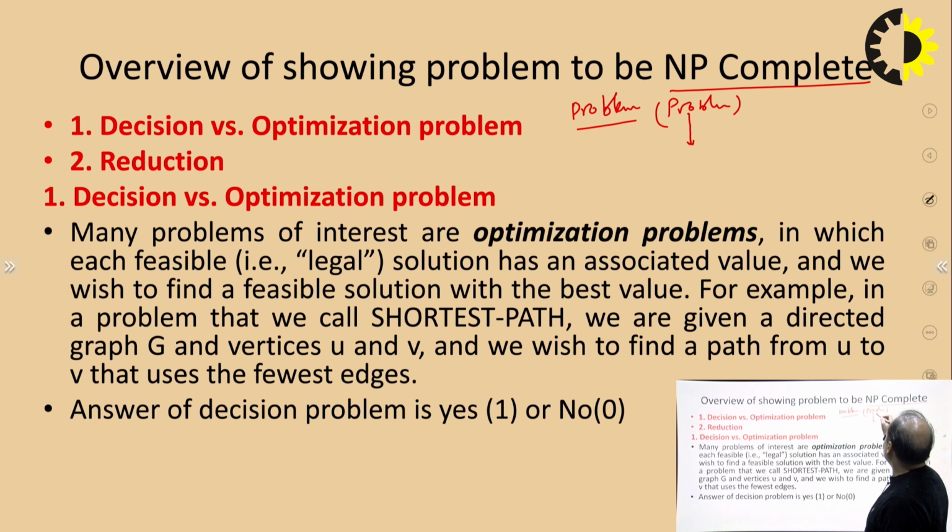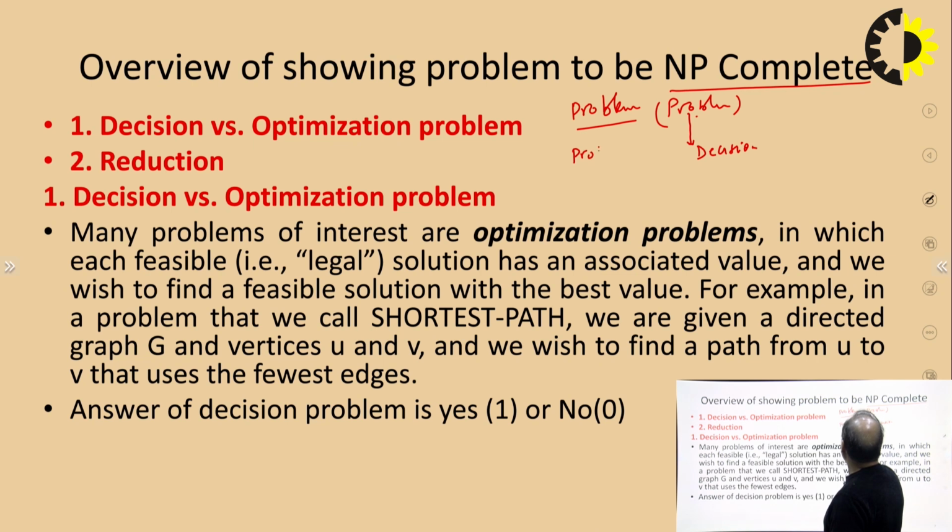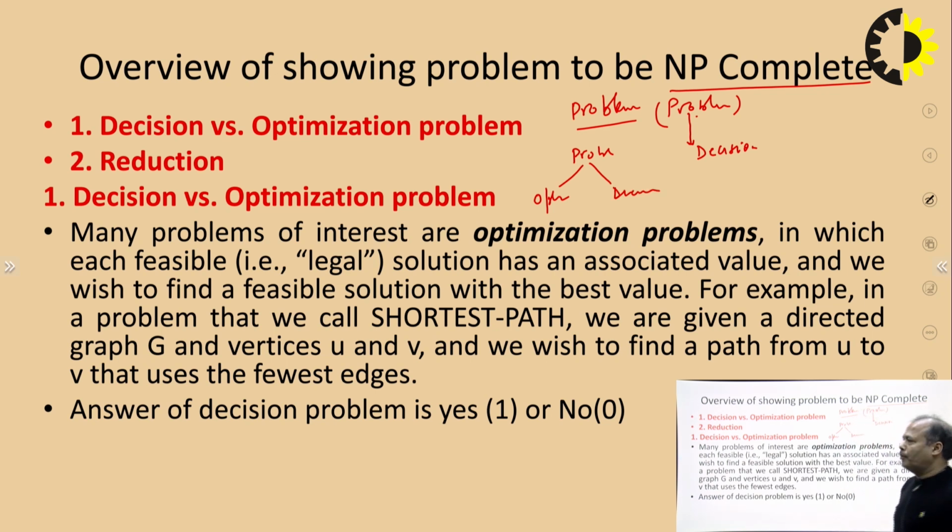we have to convert this problem to a decision problem. We have two types of problems: optimization problems and decision problems. In optimization, we are maximizing or minimizing certain values. But in a decision problem, the outcome is always either 1 or 0.